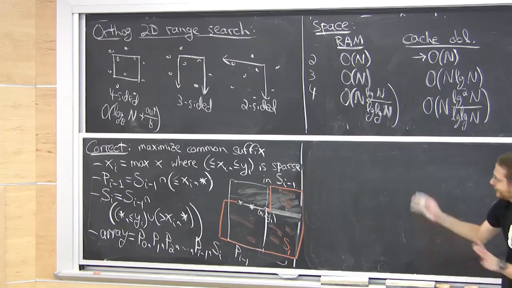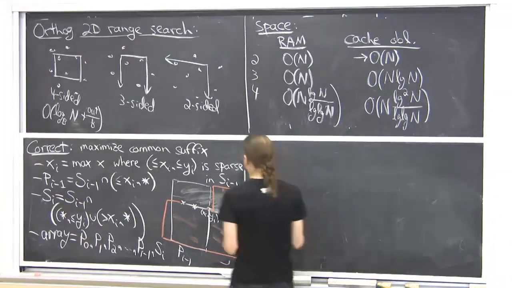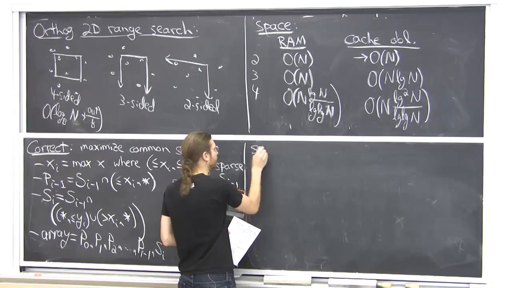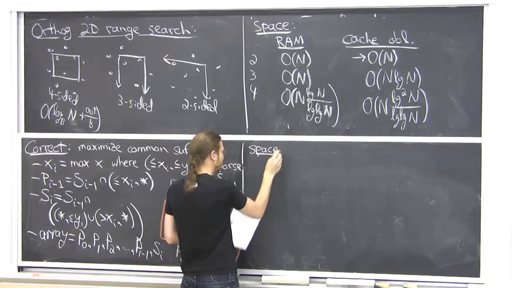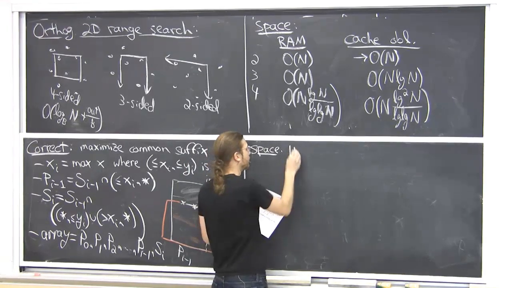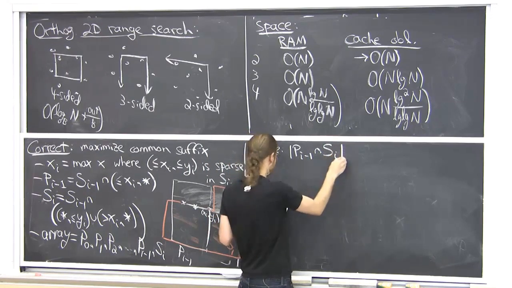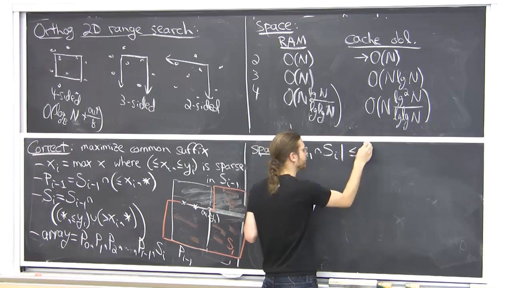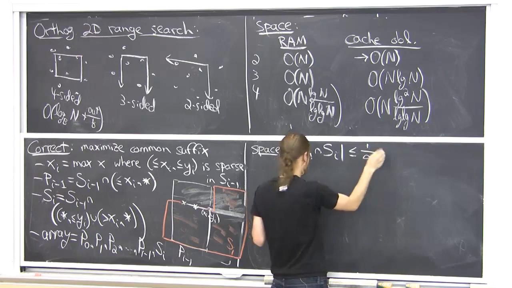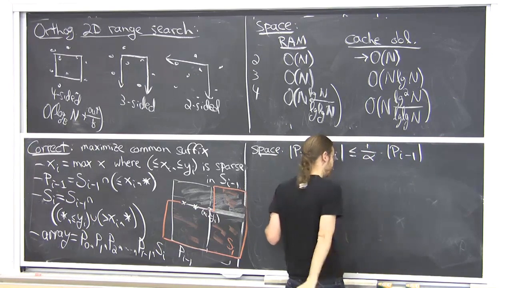At this point, it's this algebraic weird thing. But here's the cool thing. For the space bound, the claim is PI minus 1 intersect SI is less than or equal to 1 over alpha times PI minus 1.